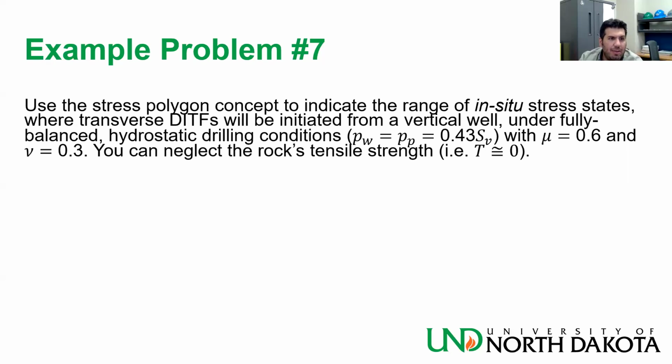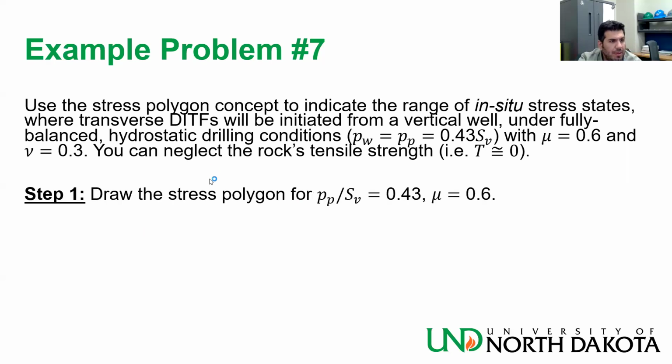You can neglect the rock's tensile strength, so assume it's 0, common practice. So now you need to use the polygons to indicate the range of in situ stress states where transverse drilling induced tensile fractures will be initiated.